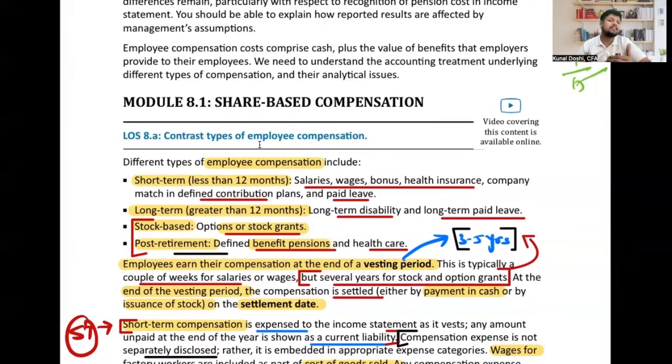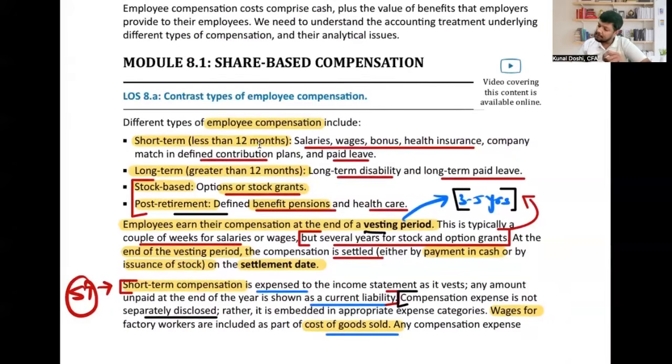They are given only when you meet certain criteria. For example, most of the compensation is paid to you after a vesting period. What is a vesting period? Vesting period can be anything. For example, for salary, that vesting period is 30 days. After 30 days, you get your salary. But for stock options or pensions or other things, your vesting period is slightly longer. Okay.